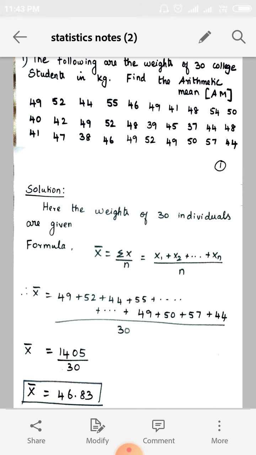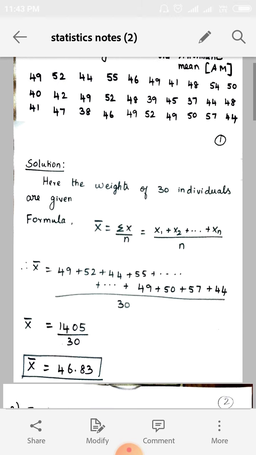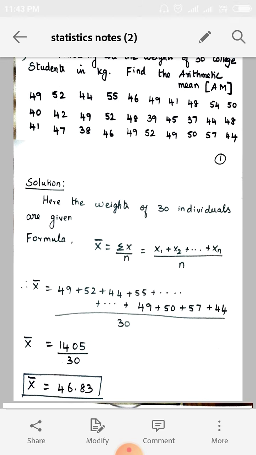Last class we saw definitions of samples, populations, types of populations, and measures of dispersion. In measures of dispersion, we saw the formulas for arithmetic mean. In arithmetic mean, there are three formulas. Number one, for the raw data, the formula is x bar is equal to summation x by small n.